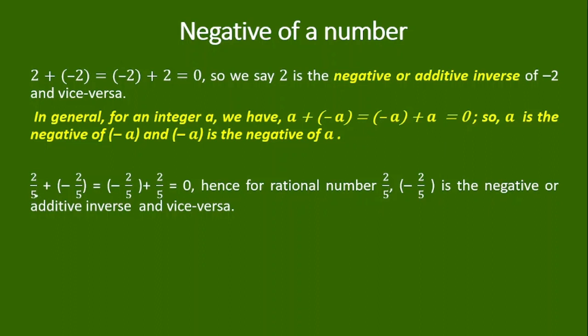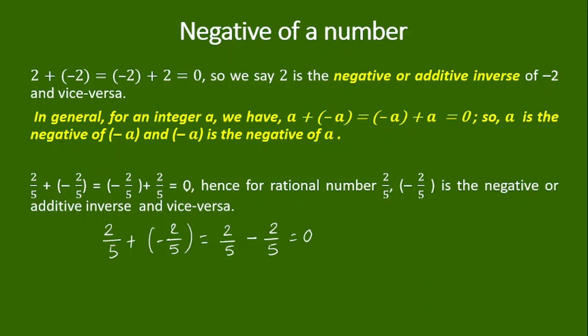So 2 upon 5 plus minus 2 upon 5. How much will this be equal to? I can write this as 2 upon 5 minus 2 upon 5, that will be equal to 0. If I write minus 2 upon 5 first and then add 2 upon 5, I will also get 0.